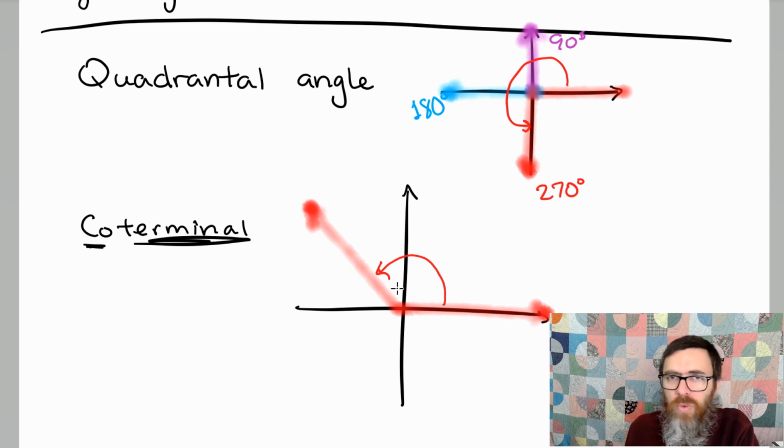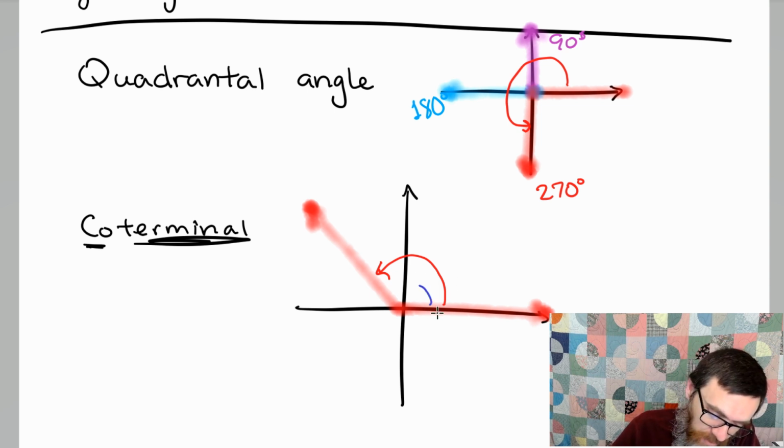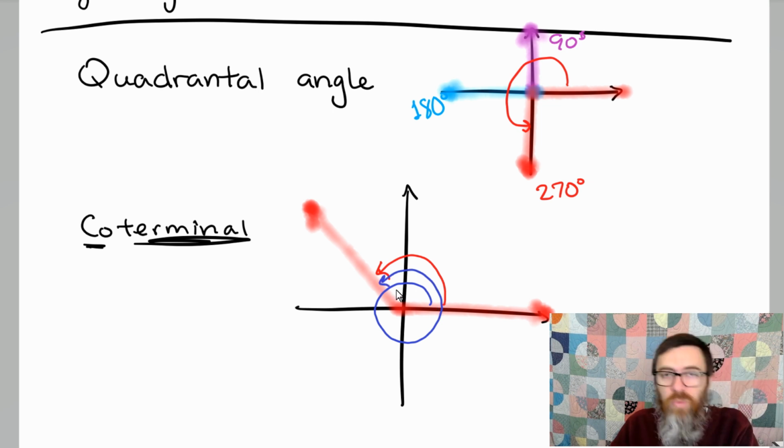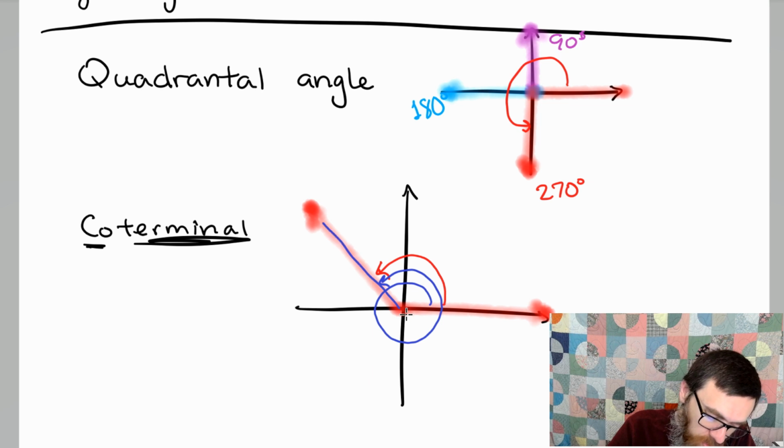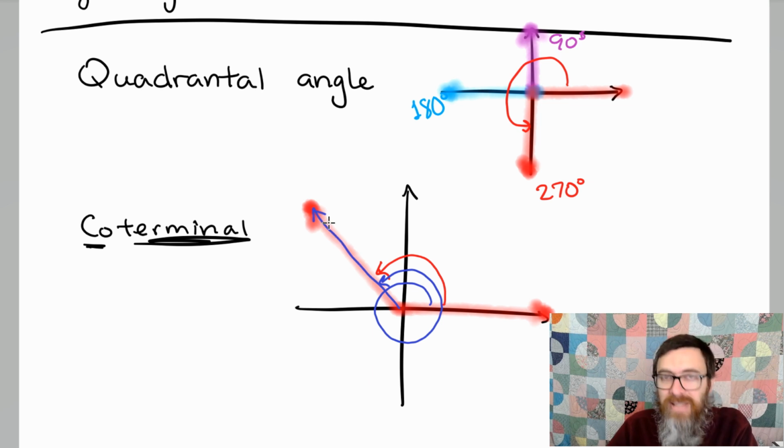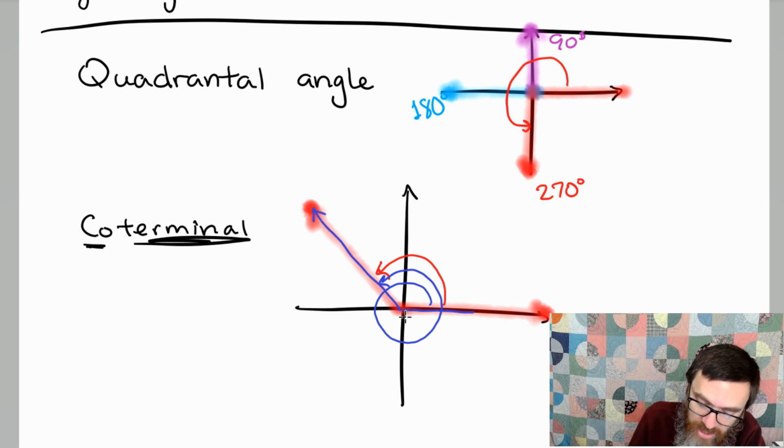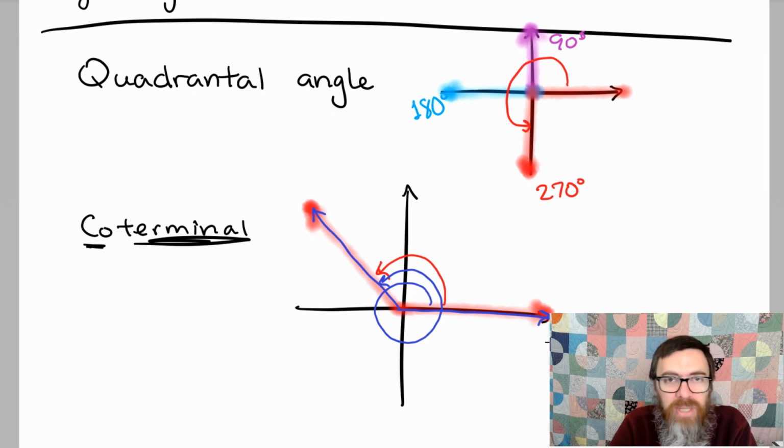For an angle that's going to be coterminal, that means that when it's in standard form, the terminal side happens to line up at the exact same terminal side of another angle. So if I were to go around more than once, then the angle that's formed here is going to be coterminal to that one. It has the same initial side right here, and it has the same ending side.